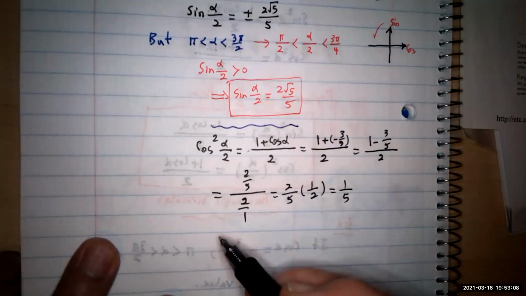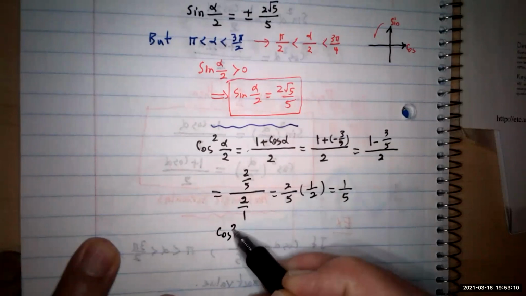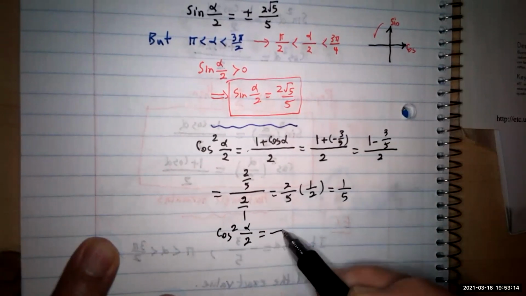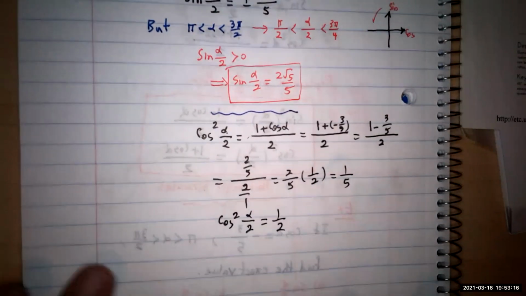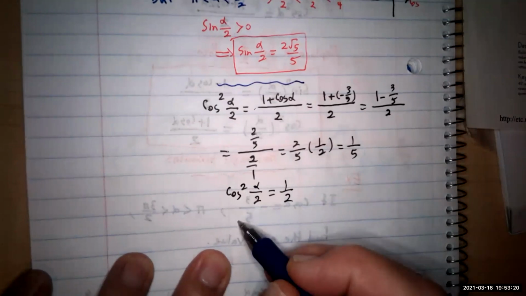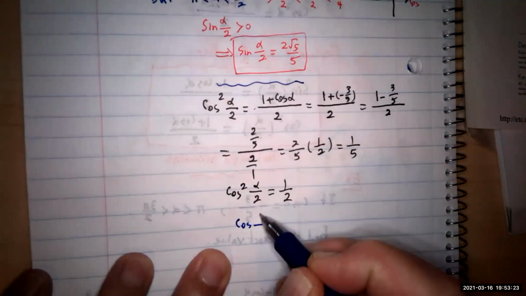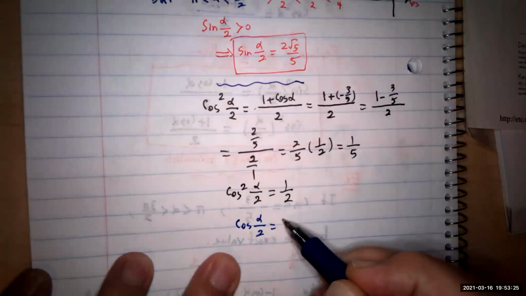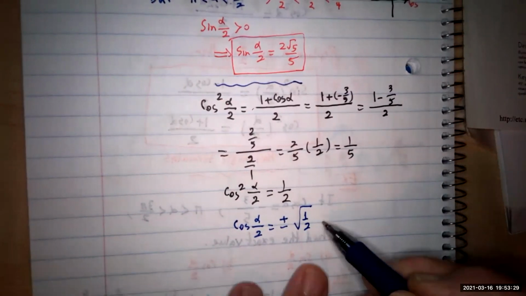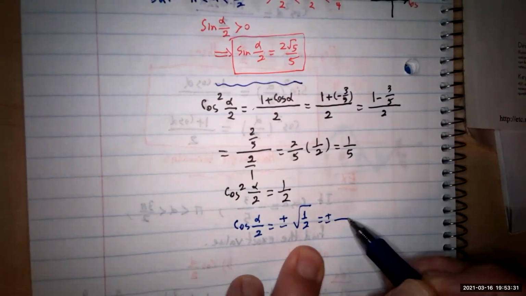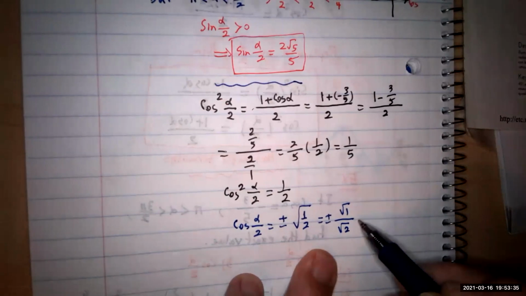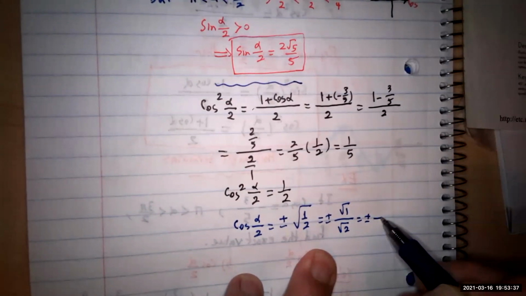So the cosine square of alpha half is equal to 1/5. Take the square root. If you take the square root, cosine of alpha half would be equal to positive negative the square root of 1/5. So we go on the top and the bottom, that gives us radical 1 over radical 5. Radical 1 is just 1.